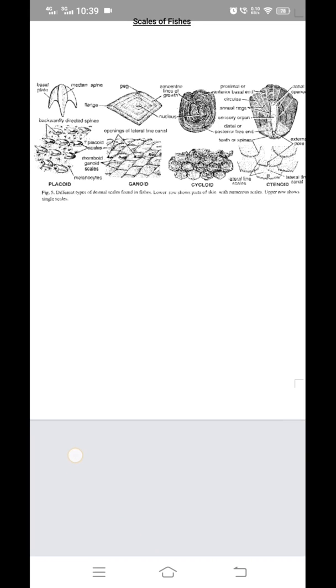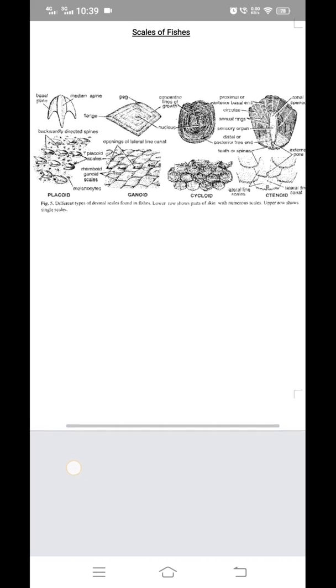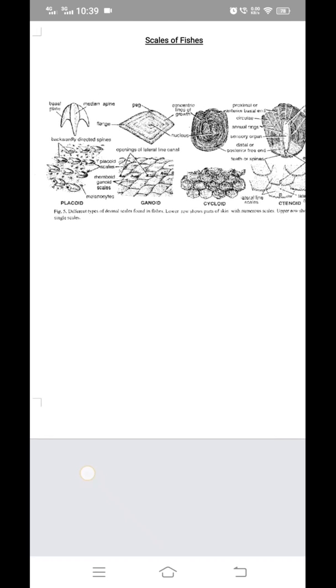In this type of scale, four distinct layers can be seen. The outermost is the thin enamel-like ganoin. Then comes the thick dentine-like cosmine, spongy bone, and the innermost compact bone.